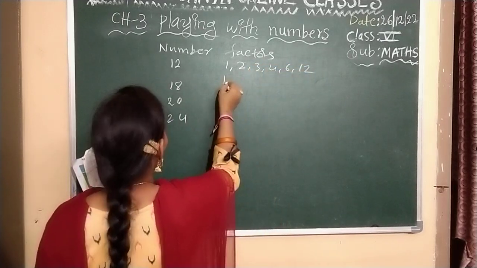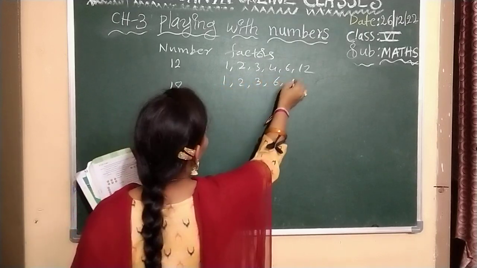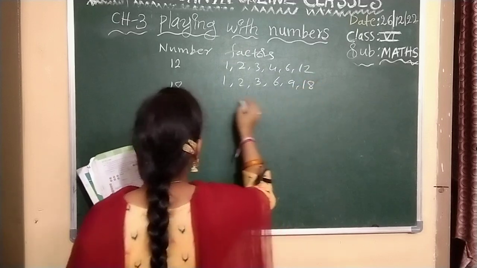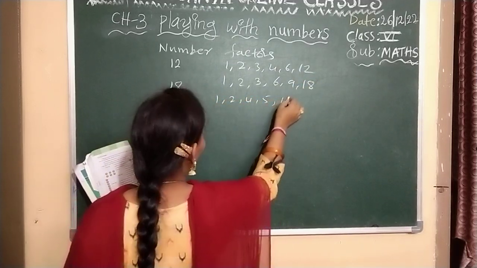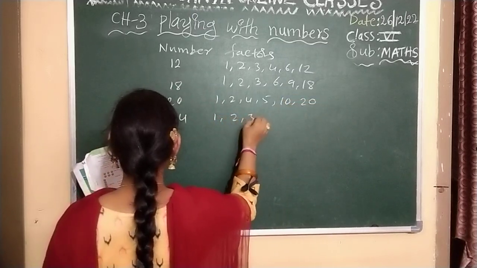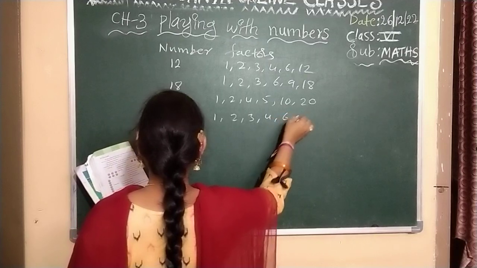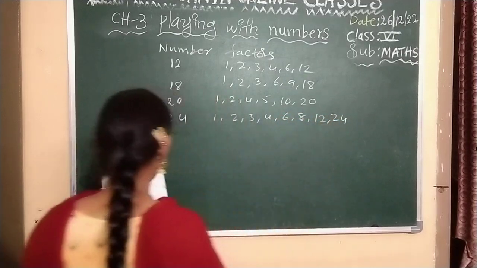Next, factors of 18: 1, 2, 3, 6, 9, 18. I am writing partly, because I will tell you the important points for this. Already I told you, but once again after this example, if I tell you, you can understand easily.